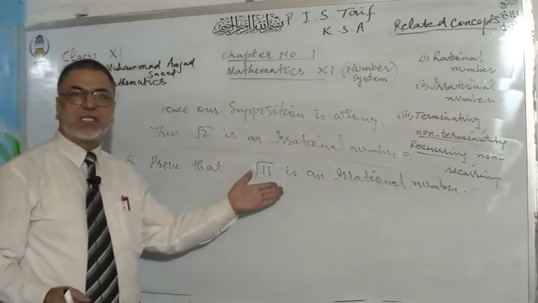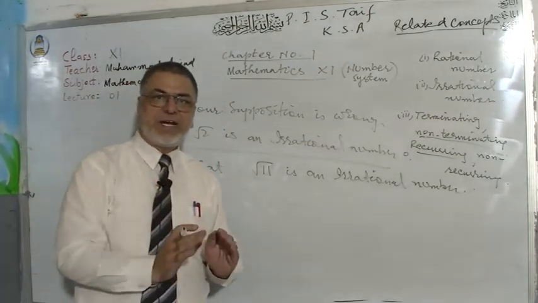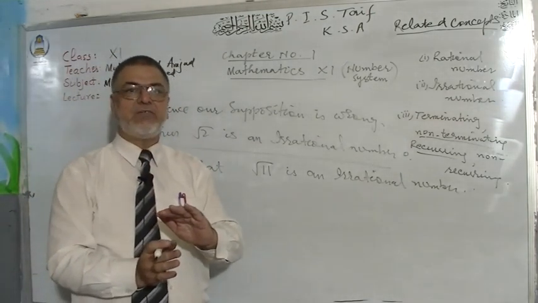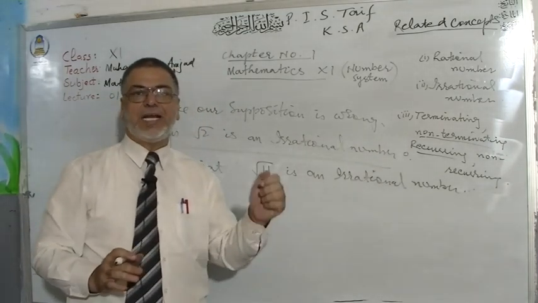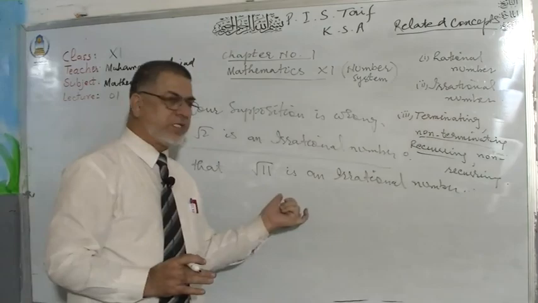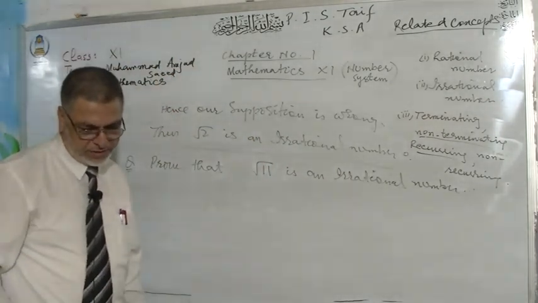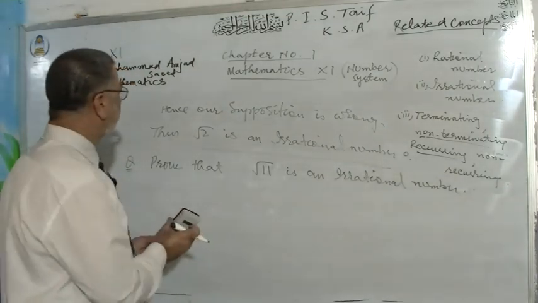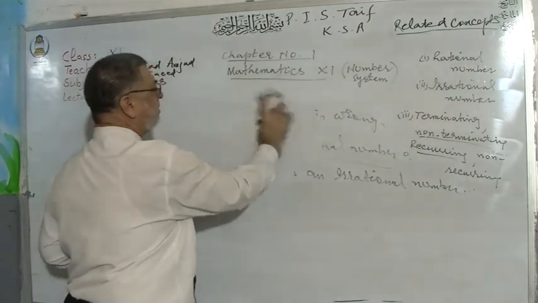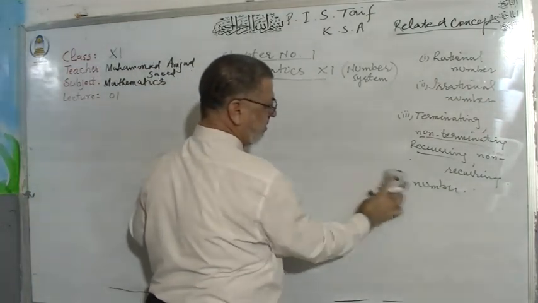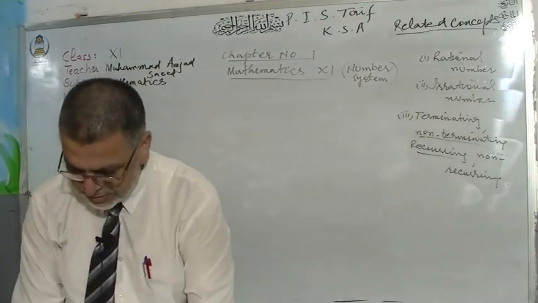Then squaring both sides, 11 will be a factor of the left hand side and eventually of the right hand side, and you will take P is equal to 11P dash and Q is equal to 11Q dash. I hope that you will do it. You understand that? Hopefully you can complete this question by using what we have proved for root 2.